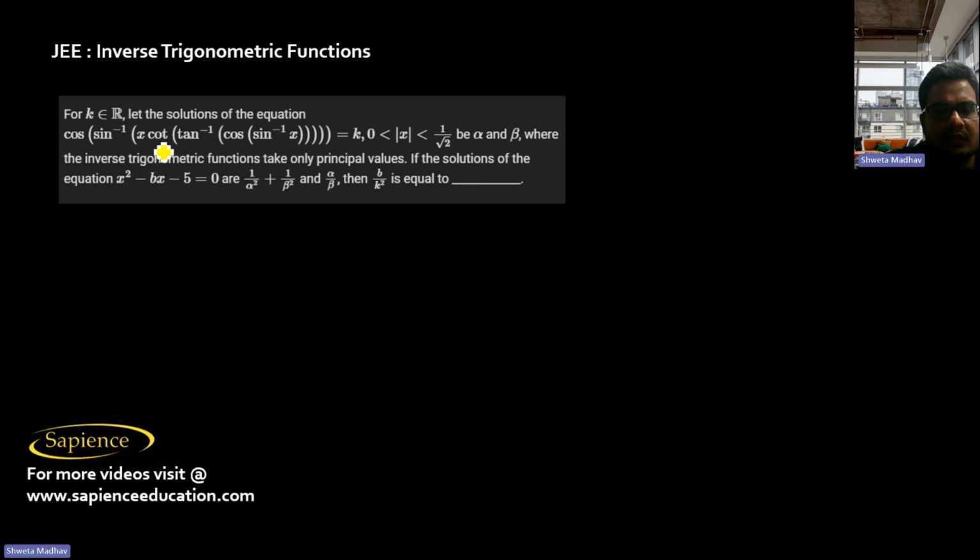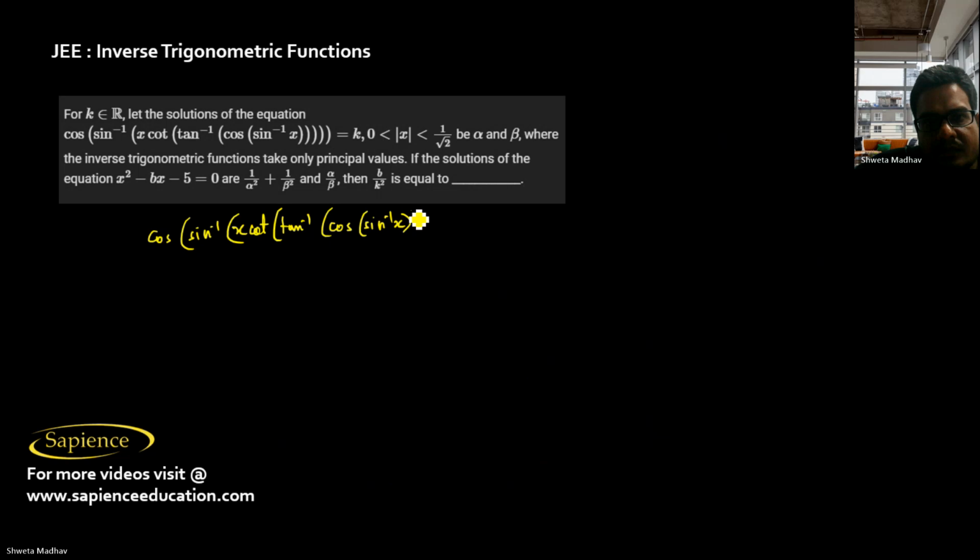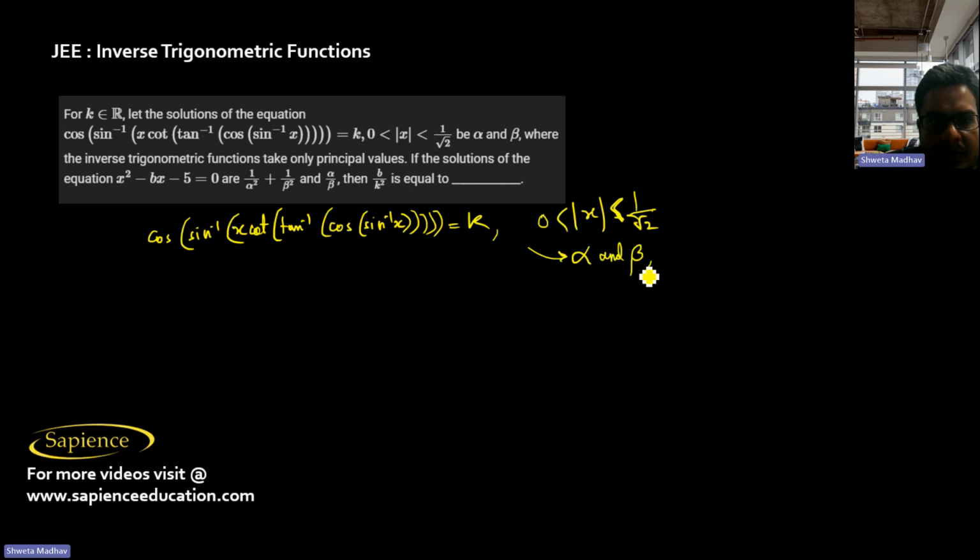It is told, for k belongs to R, let the solutions of the equation cos of sine inverse of x times cot of tan inverse of cos of sine inverse of x, that is equal to k, where mod x goes from 0 to 1 by root 2, be alpha and beta, where the inverse trigonometric functions take only principal values.